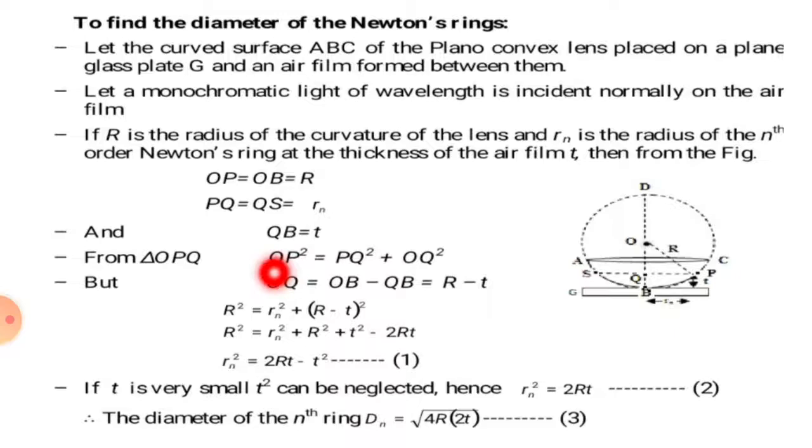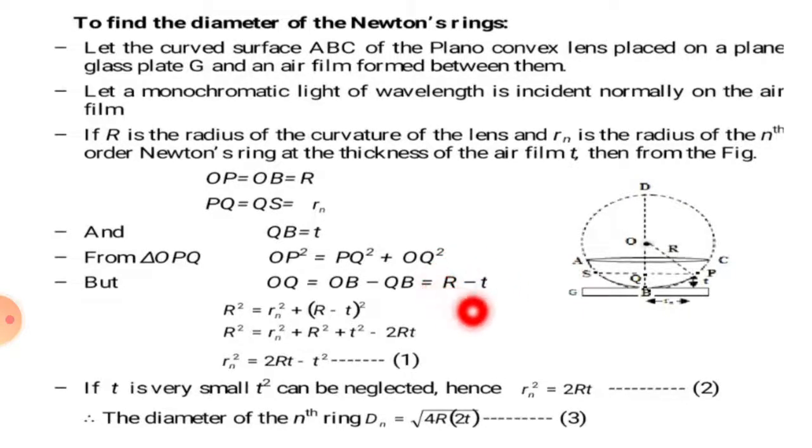Here OQ is equal to OB minus QB, where OB is equal to R and QB is equal to t.